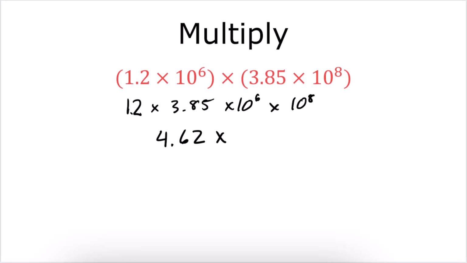If I have 6 tens multiplied together and 8 tens multiplied together, and those two things are multiplied, the total number of tens multiplied together is 14. So these two numbers multiplied together would equal 4.62 times 10 to the 14th.